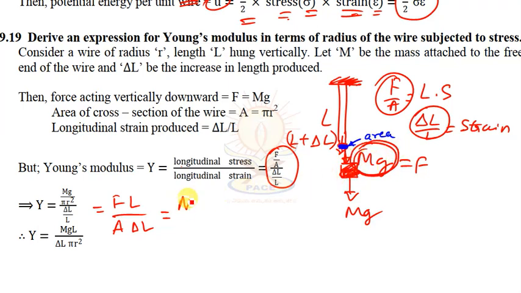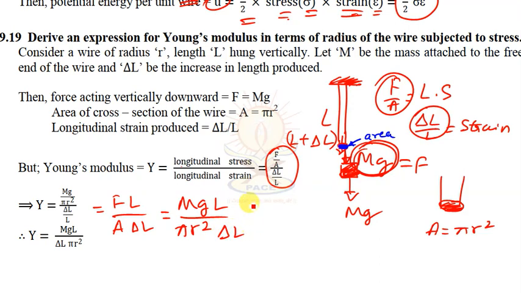So that is mg. Keep that L as it is. And what is A? Area of cross section. If you observe at the bottom, if the wire is cylindrical, at that moment the area of the wire is pi r square, right? At that moment I can use the area of the wire as pi r square. That pi r square comes here along with delta L. So that will be your final expression for Young's modulus. Y is equal to this one.